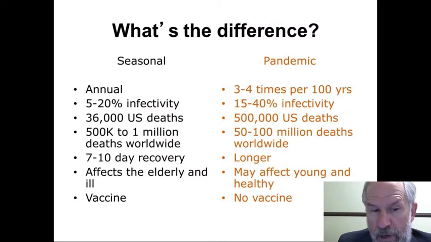The recovery period is longer, typically, than 7 to 10 days, and rather than affecting preferentially the elderly and persons with underlying illness, they may affect the young and relatively healthy persons. Also, because of the way they emerge, there generally is no strain-specific vaccine available at the onset of a pandemic.